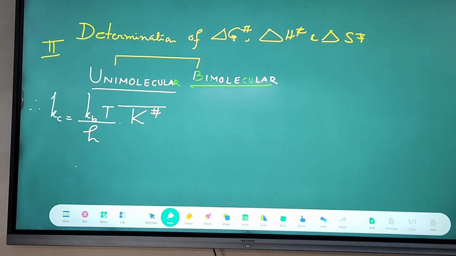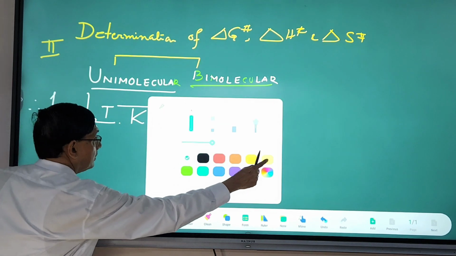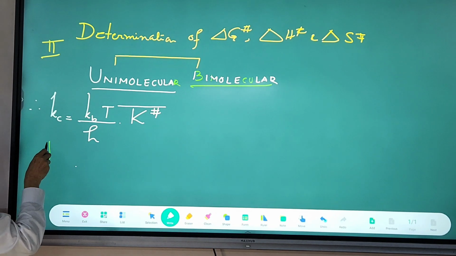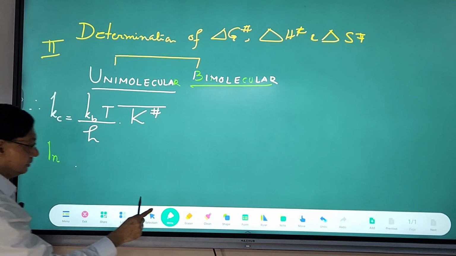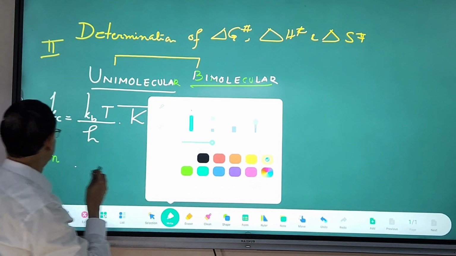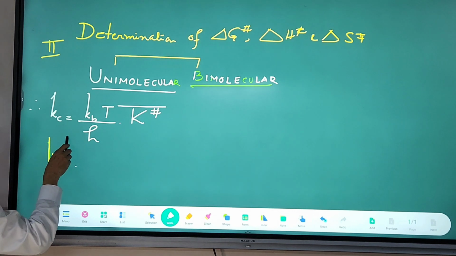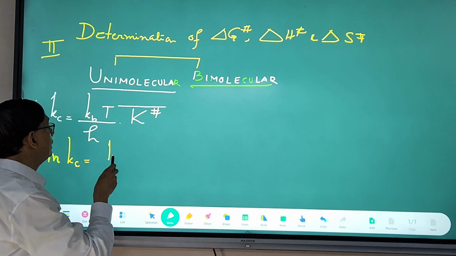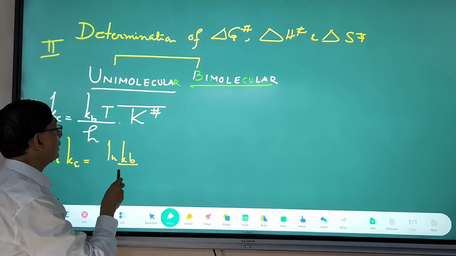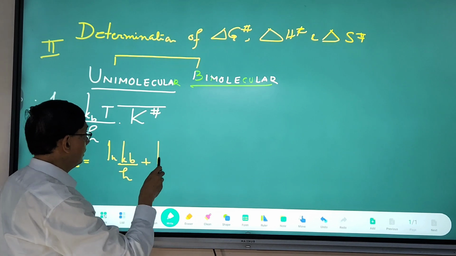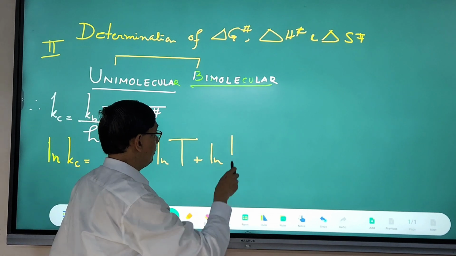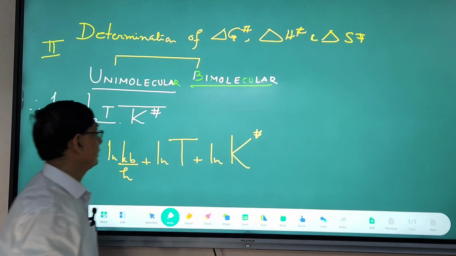This is one form of the activated complex theory. If I take the simple logarithm, the natural log of Kc, the rate constant, is equal to the natural log of Kb over H plus the natural log of T, absolute temperature, plus the natural log of C. Very simple.